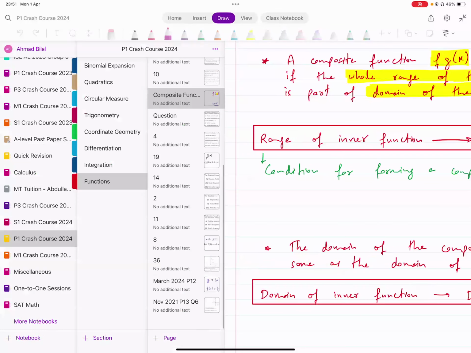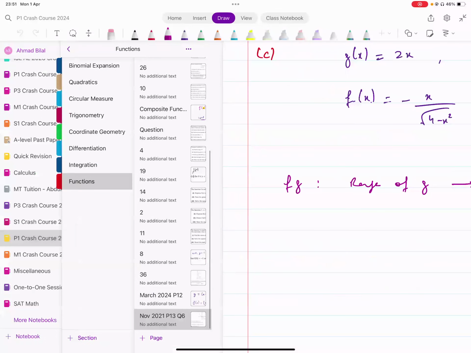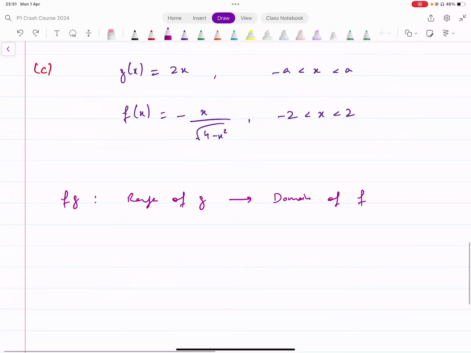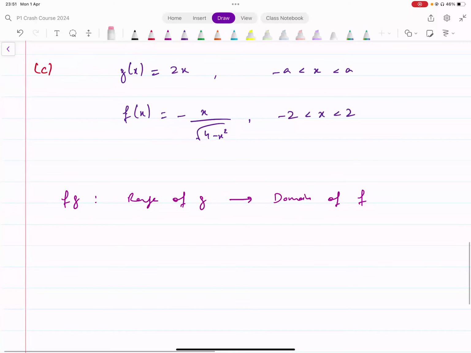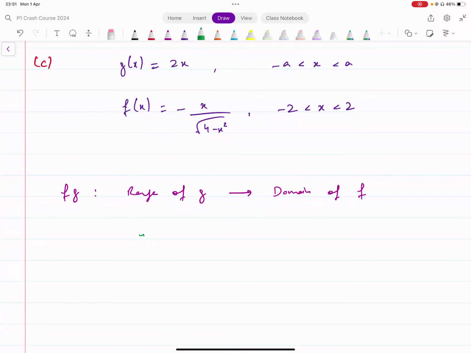Now, what's the range of the inner function? Do we know that? The inner function is g. What would be the range of g? If the domain is minus a to a, it's a straight line, 2 times x. What would be the range of g? y will be between minus 2a and plus 2a, right?